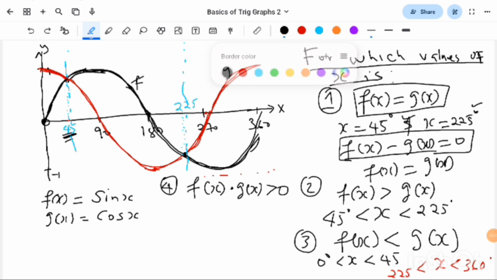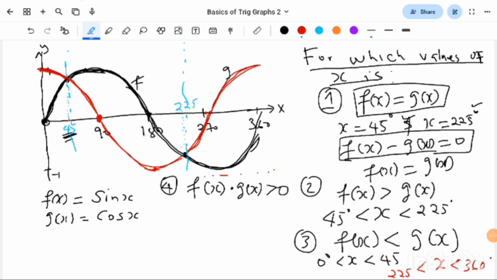So we'll go to our graphs. When you look at f of x, it is above the x-axis from 0 all the way to 180, right? So we also want the g of x to be above, but the g of x is above the x-axis from 0 all the way to 90 degrees.